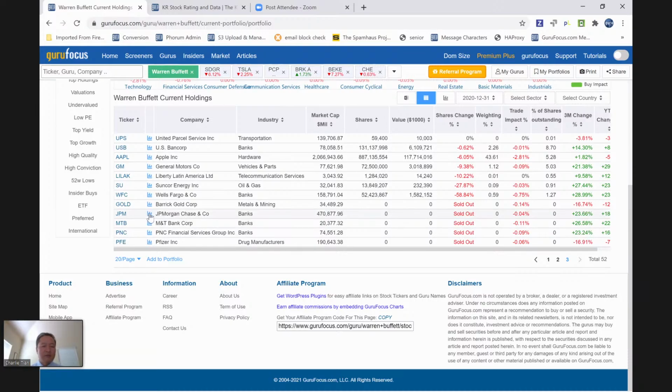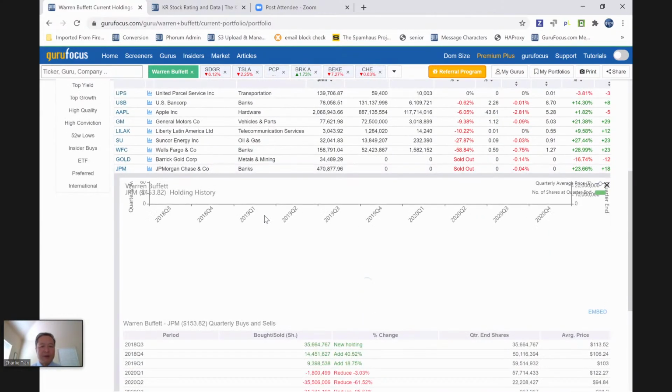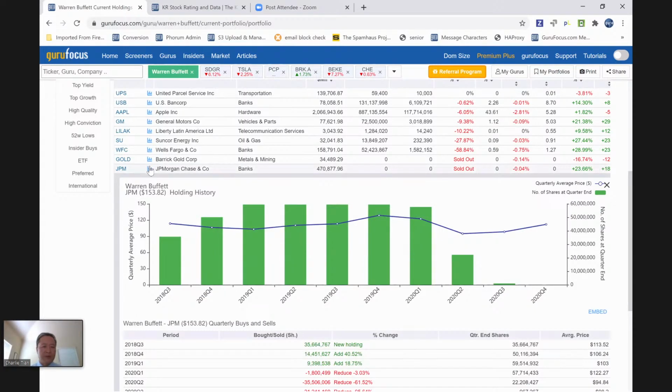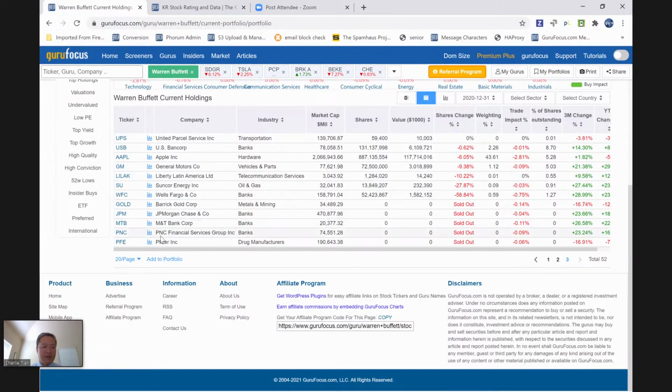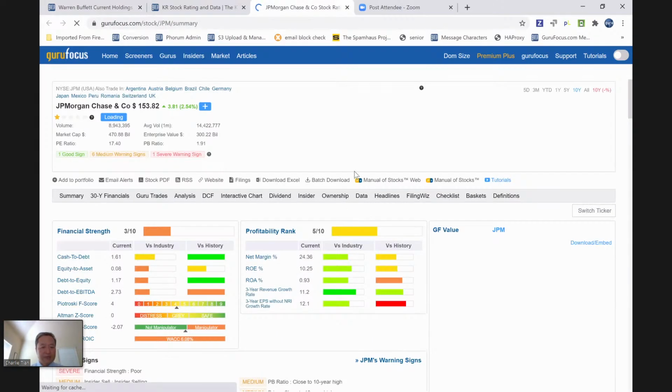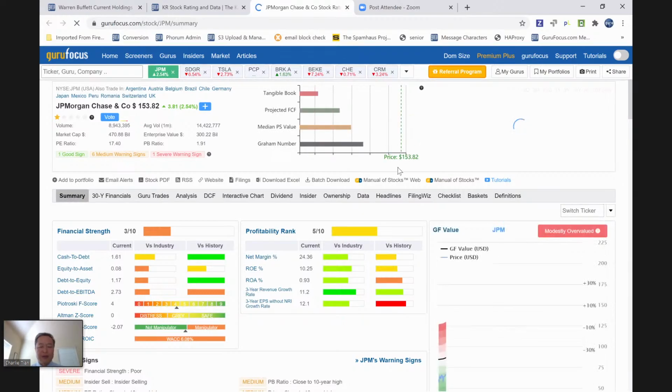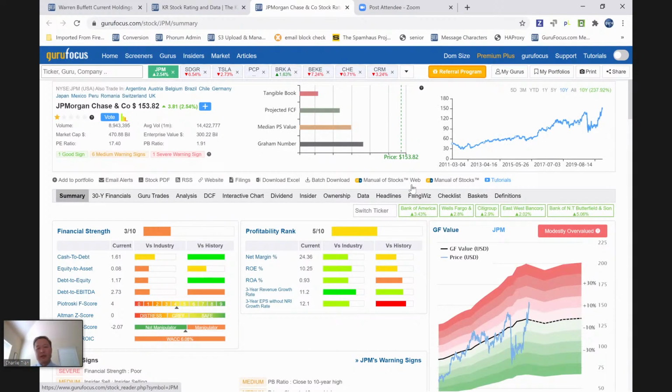And I noticed that Warren Buffett sold JP Morgan, a bank, and also another bank here, M&T Bank. I was a little bit surprised, but yeah, that's what he did. He sold JP Morgan. To me, bank stocks will probably do well, but he sold it.